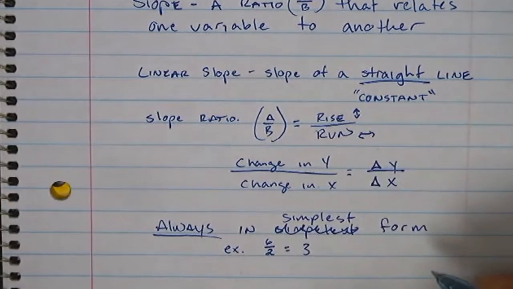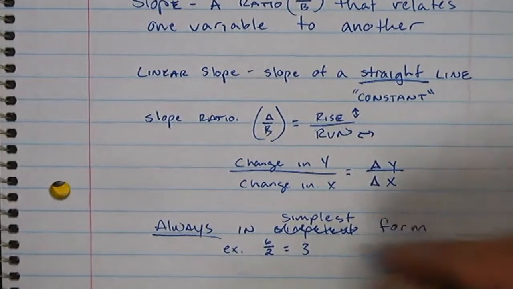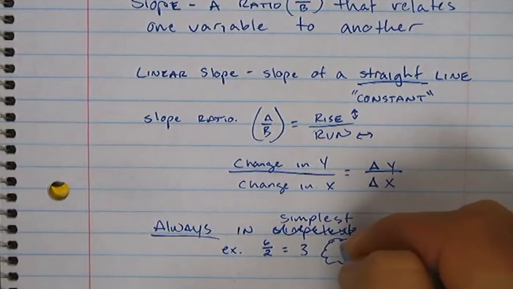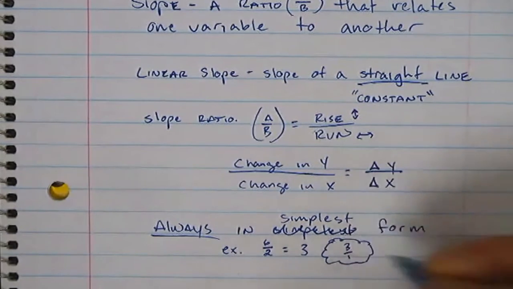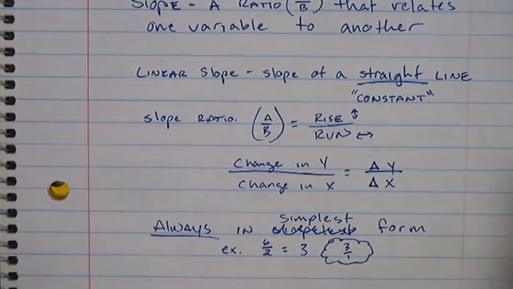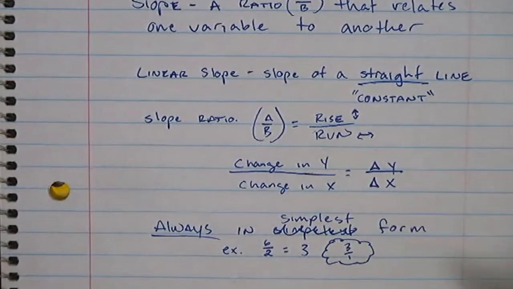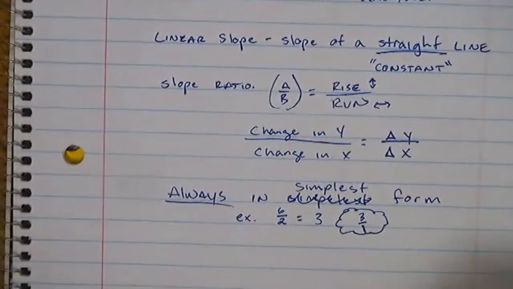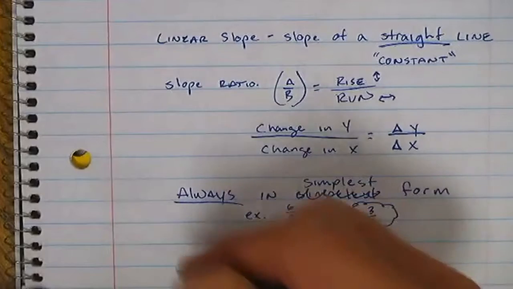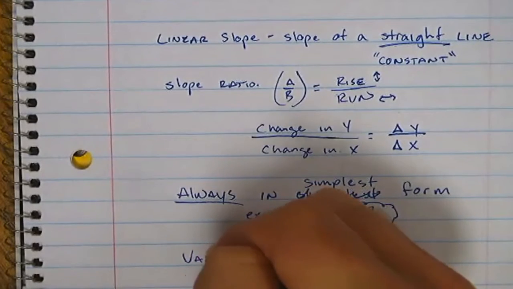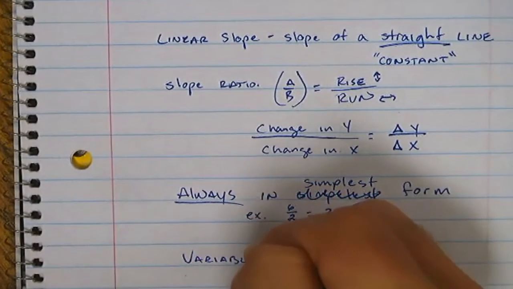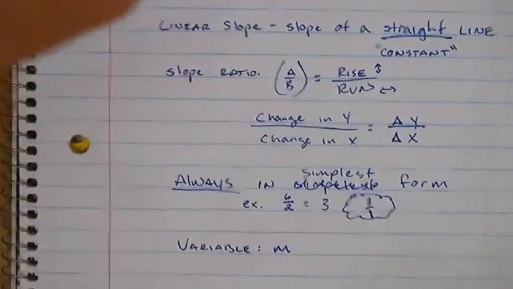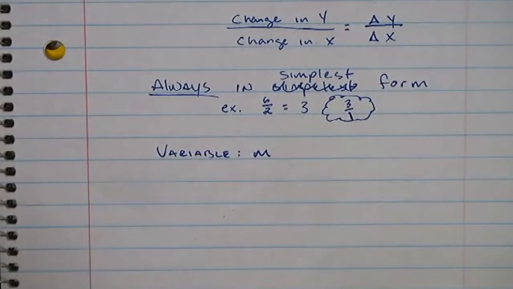We would not leave it as 6 over 2, but we would know as a ratio, 3 is equal to 3 over 1. Okay, so our rise would be 3, our run would be 1. Now, lastly, it is always defined as the variable m. The variable for slope is m.